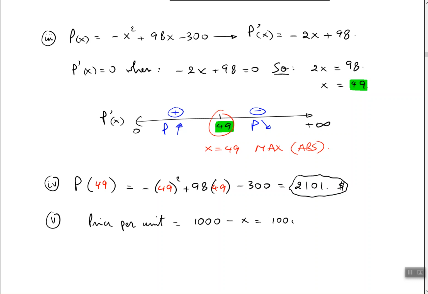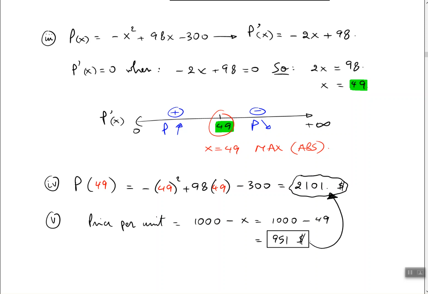So 1,000 minus 49 is going to be, let me find out, $951. So you have to charge basically $951 for every stereo that you make, and if you sold 49 stereos, you're going to get the maximum amount of money that goes into your pocket.